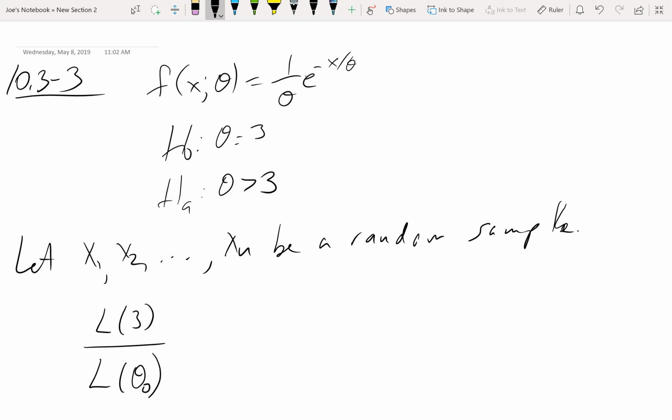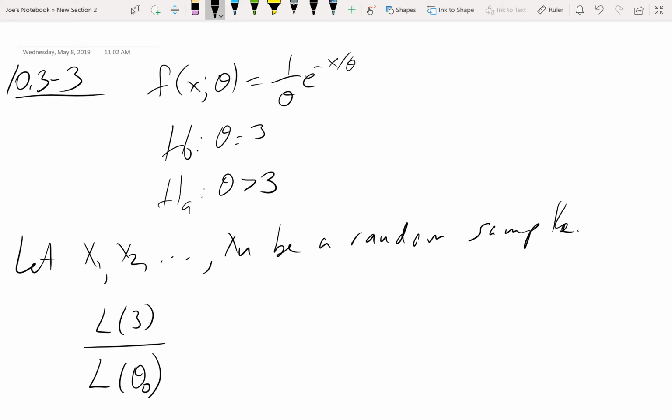Let's call it theta naught. The only thing I know about theta naught here is that it's bigger than 3. Okay, because that's my alternative hypothesis, to be bigger than 3, right?